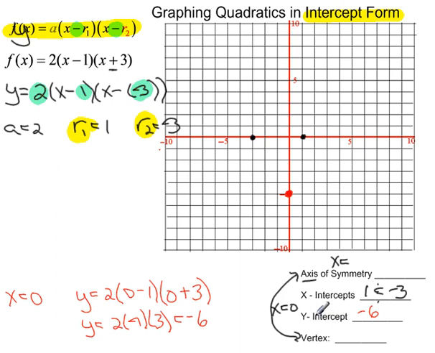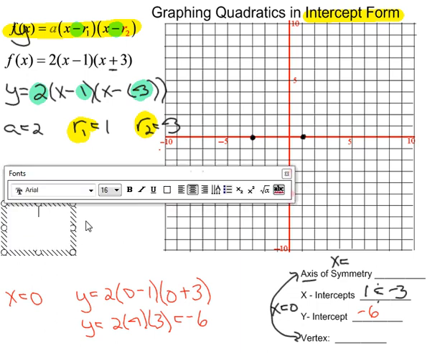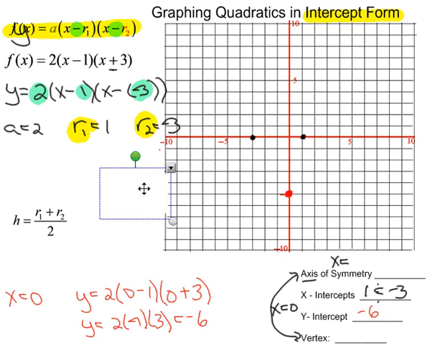Okay? So, now let's take a look at the axis of symmetry. Well, since I know the axis of symmetry is going to be between those two x-intercepts, it makes sense to think that you could average those two x-intercepts. Okay? So if you average the two x-intercepts, you're going to get the axis of symmetry. Okay, so let's take a look at that.